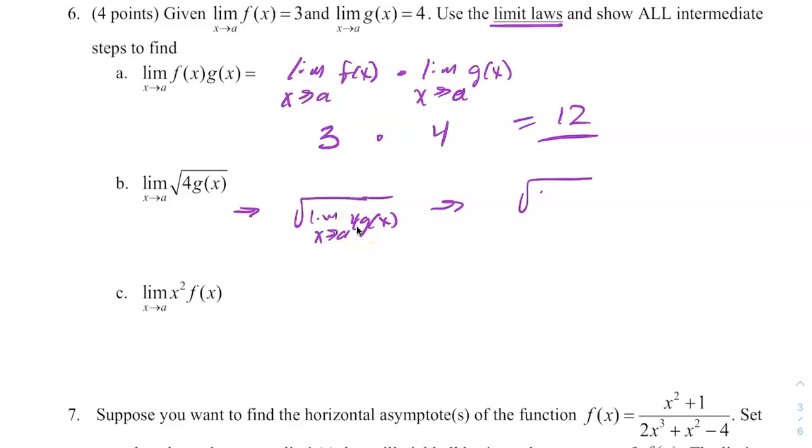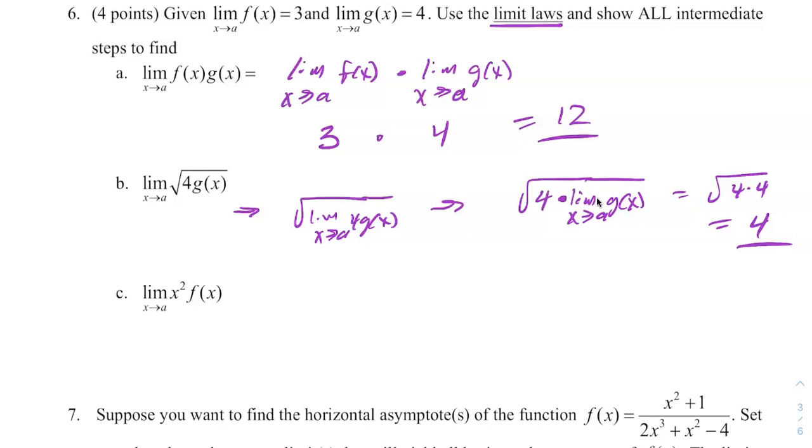So it's a radical 4 times the limit as x approaches a of g of x. Alright, so you gotta use limit laws, right? 4 only equals the limit of g of x. You can't just plug it in willy-nilly. You gotta make sure you get to that part, and now you can plug it in. So this is just 4 times 4, which is 4.